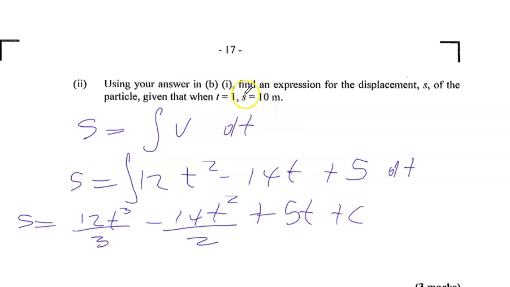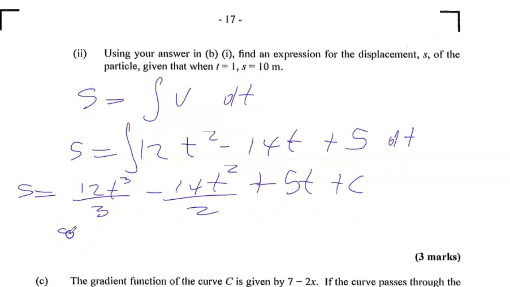And of course, we are told that t is 1 when s is 10, so substitute t equal to 1, s equal to 10. So replace s with 10, we get 10 equal to 4t cubed, and of course t is 1, so it's just 4. Minus 7t squared, t is 1, so it's minus 7.